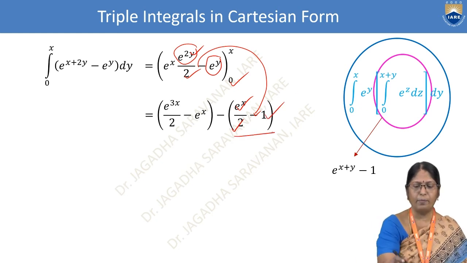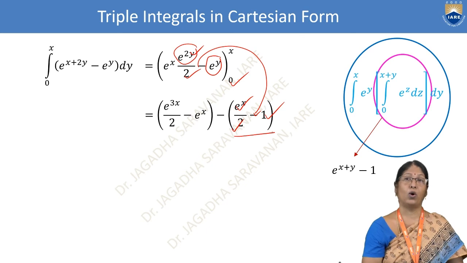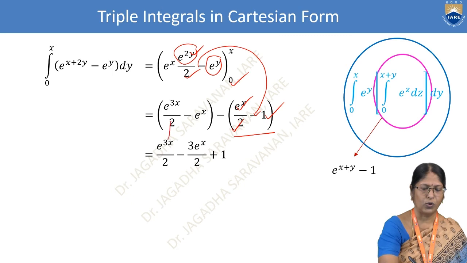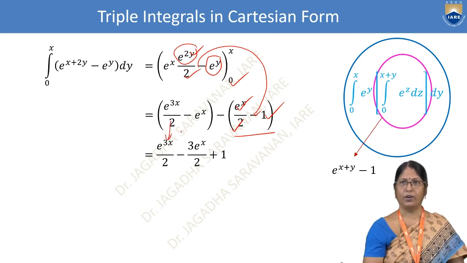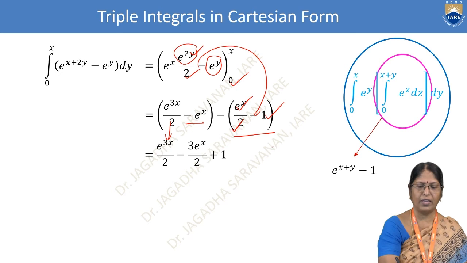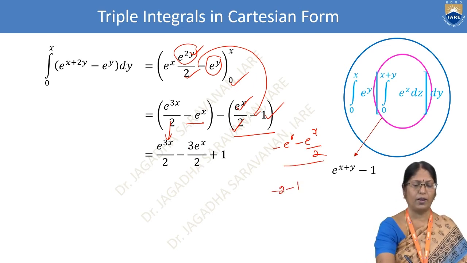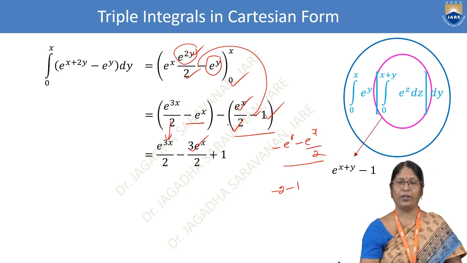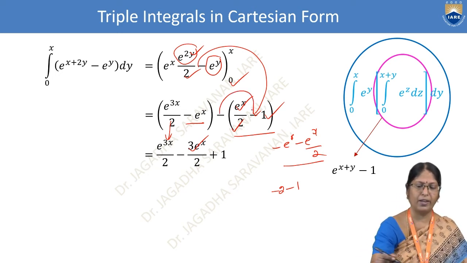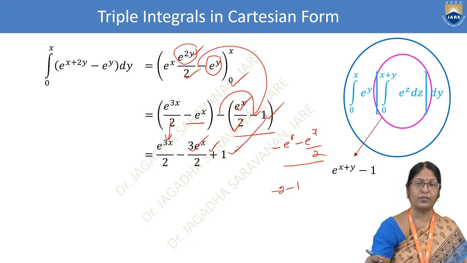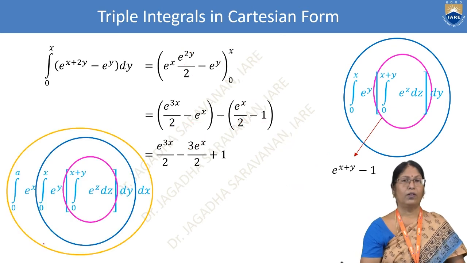So the lower limit substitution is also completed. So e^(3x)/2 is written. Here minus e^x, here minus e^x/2. Taking the LCM, we got minus 2 minus 1, minus 3e^x/2. And this minus minus put together becomes plus, and this 1 is written as it is.